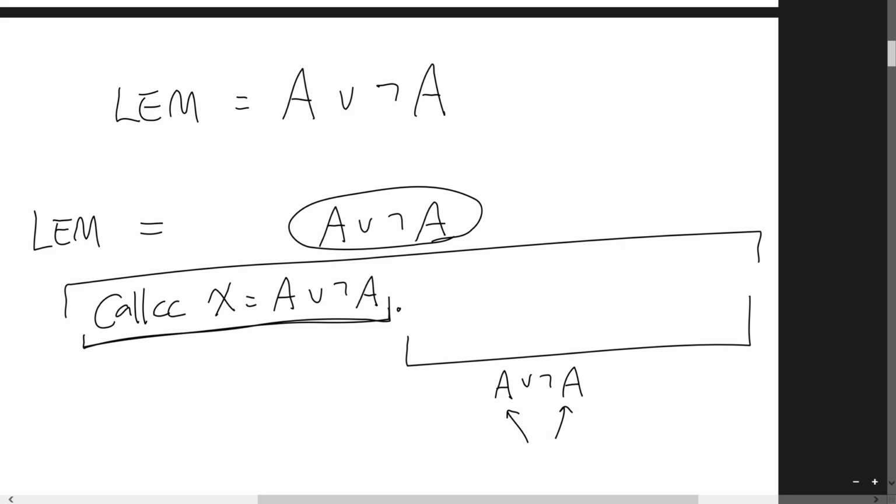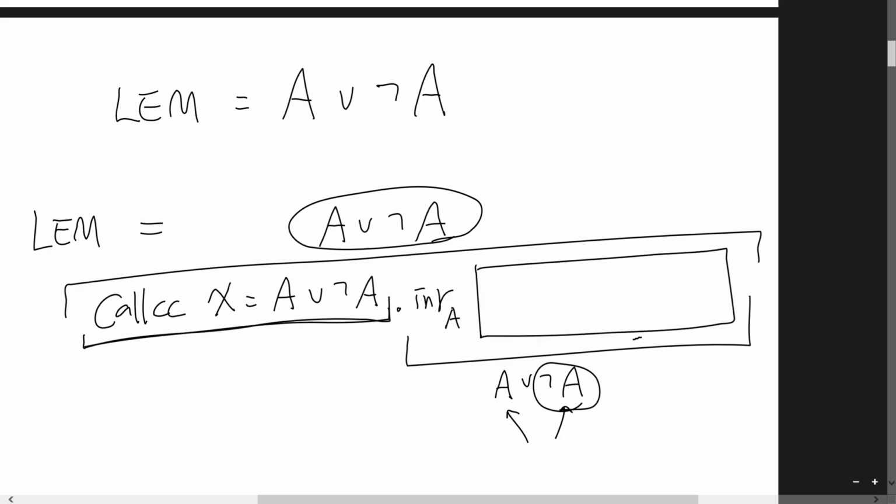We don't know which is the correct choice at the moment. So we decided to take this branch. Therefore, it's going to be injection right with the left side of type A. Now you have to find a proof term of type negation A here.